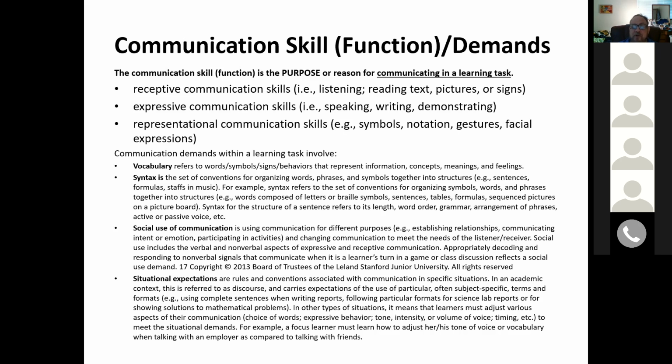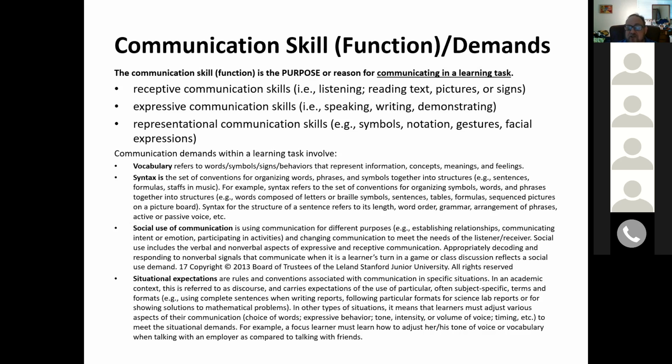Social use of communication is using communication for different purposes, establishing relationships, communicating intent or emotion, or participating in activities, and changing communication to meet the needs of the listener-receiver.